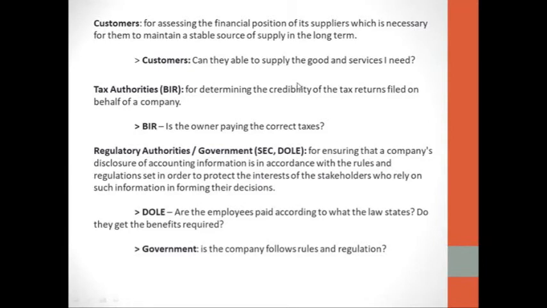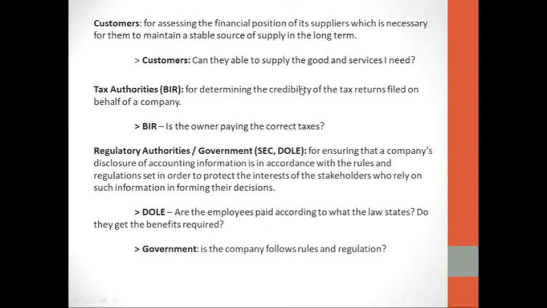So customers should be able to answer the question, can they be able to supply the goods and services I need? So syempre kung pang long-term customers natin to guys, customers will be needing our accounting information for them to be able to see if masusuplayan ba natin sila in a long term. If masusupply ba natin yung goods and services that they need also for their business on a long-term basis.